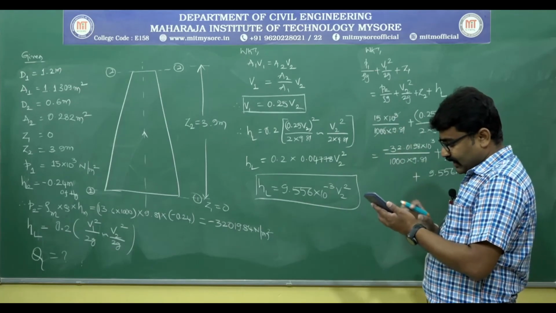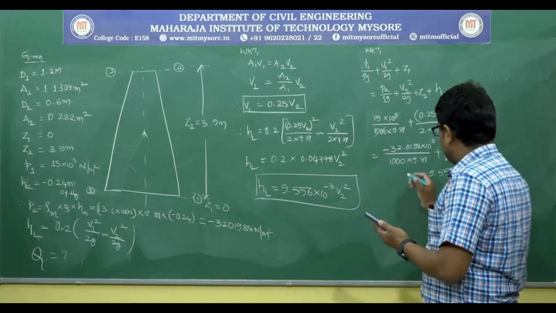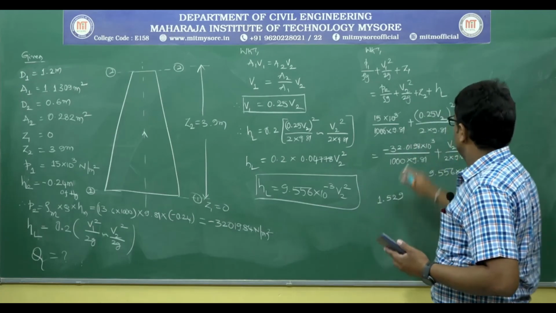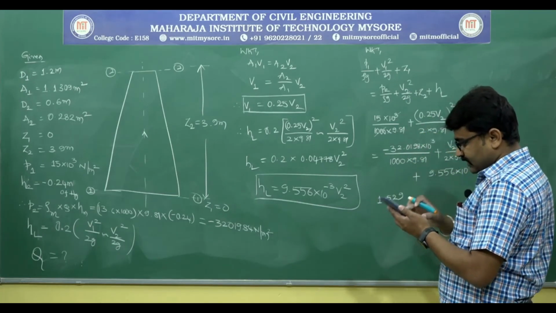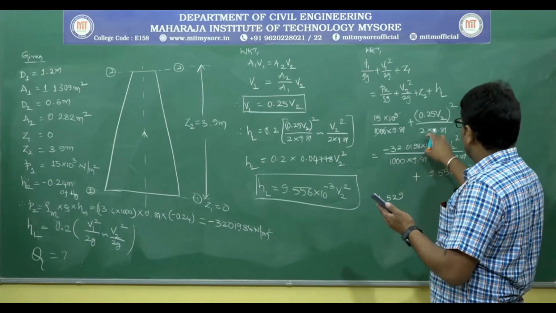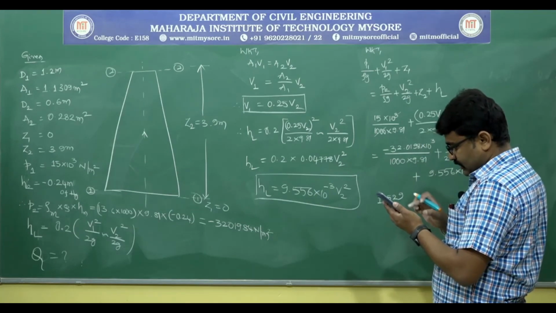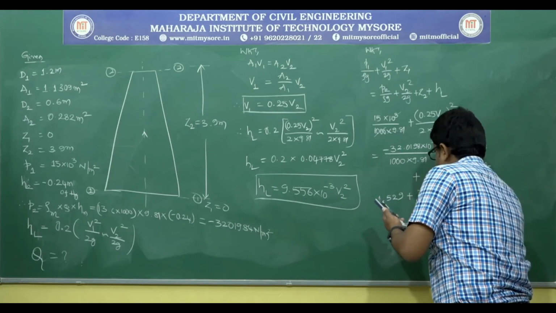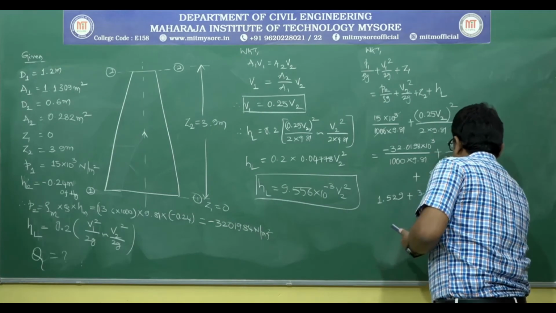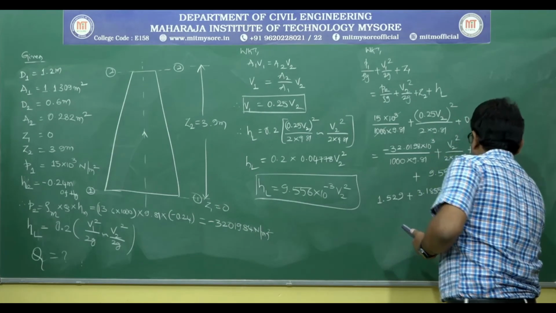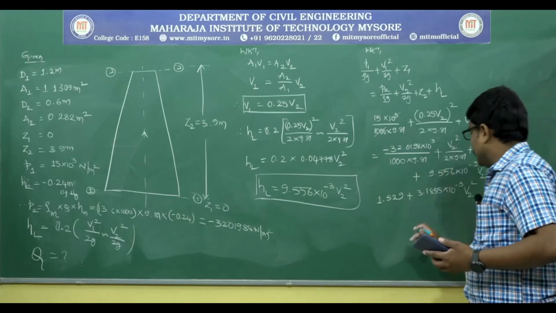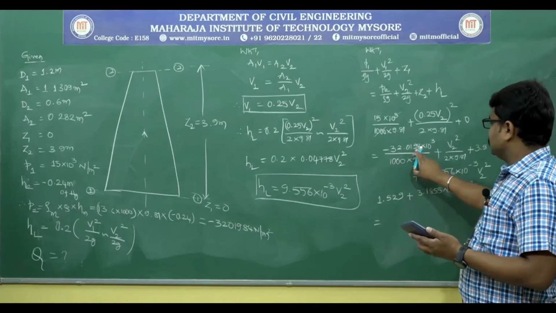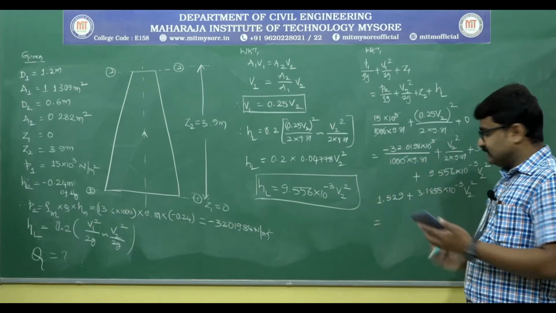So, you have 15 by 9.81, which is nothing but equal to 1.529, and then you have 0.25 square divided by 2 into 9.81, that is nothing but equal to 3.1855 into 10 power minus 3 V2 square plus 0. I will write as it is. This must be equal to minus 32.0198, again 10 power 3 and 1000 get cancelled.